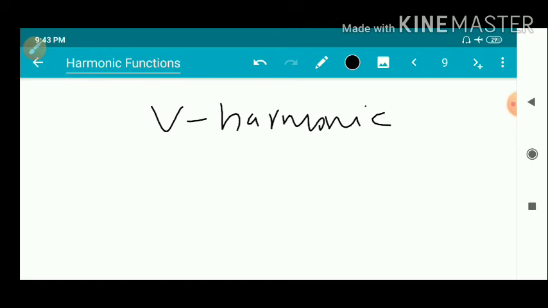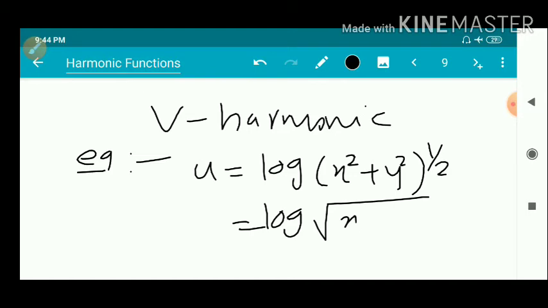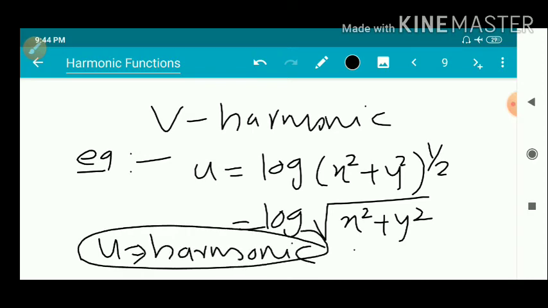So now we consider an example. We are given a function u equal to log (x² plus y²) raised to 1/2, that is, log of the root of x² plus y². You have to show that u is harmonic.